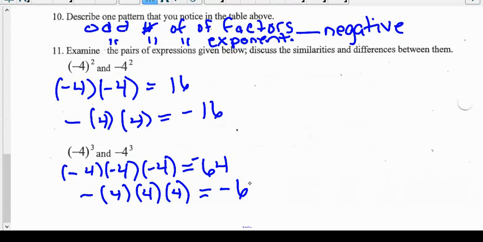Well, there it didn't matter, did it? But it mattered a lot up here, with an even number versus an odd number of negatives, versus the opposite of something cubed. That's just something to be aware of. If we want to raise something negative to a power, that base needs to be in parentheses, okay?